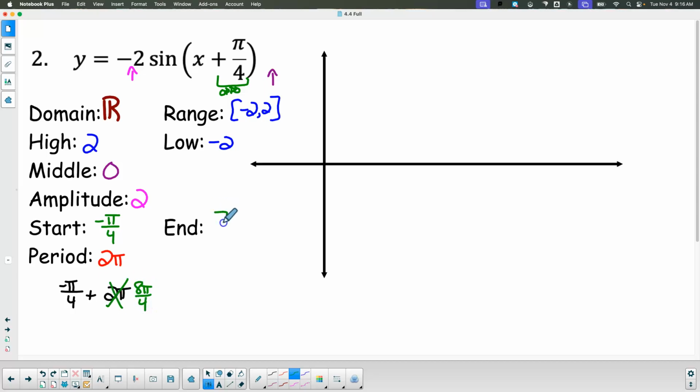That means my end is at 7 pi over 4. It is a sine curve that is upside down. It's been flipped.